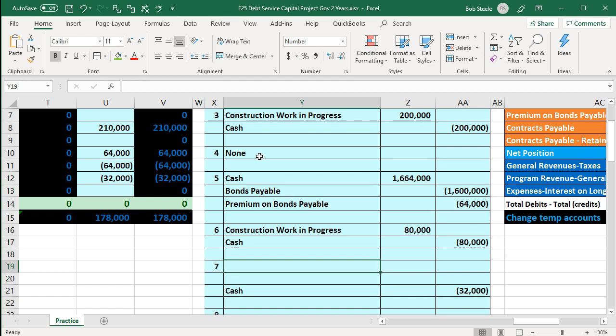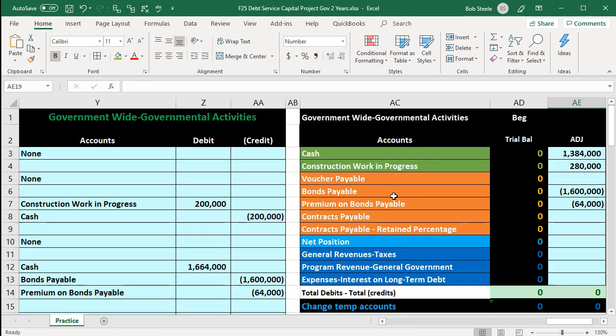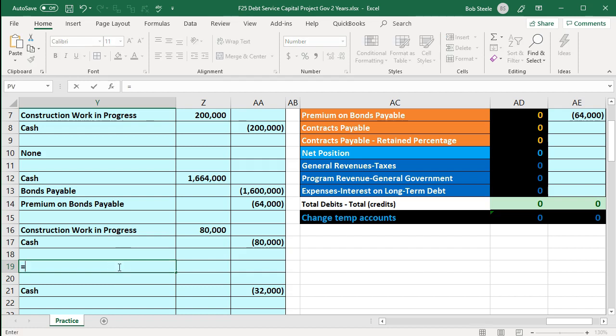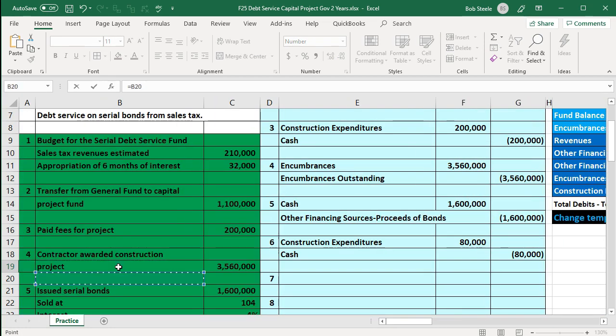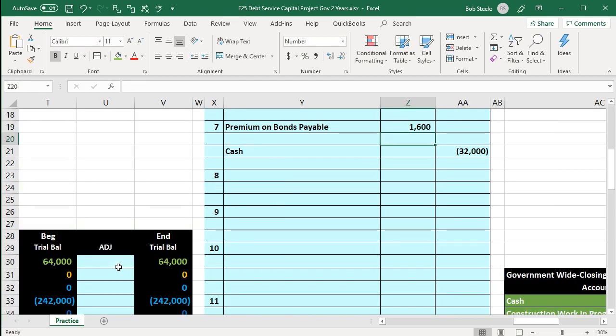And then we're going to say that the premium, how much is the premium going to go down by? Well, the problem's just going to give us that. They're going to say, well, the premium's going to go down by 1,600. So of that, the part that's going to be the premium is going to be decreasing 1,600. I'm just going to say this is equal to the reduction in the premium, 1,600. And then the difference is going to be the interest. So the difference is going to be equal to this minus this.